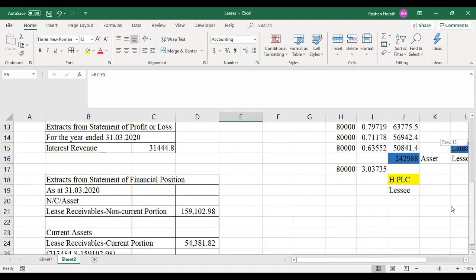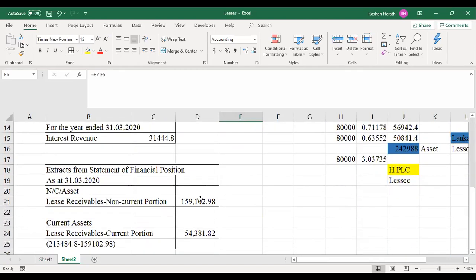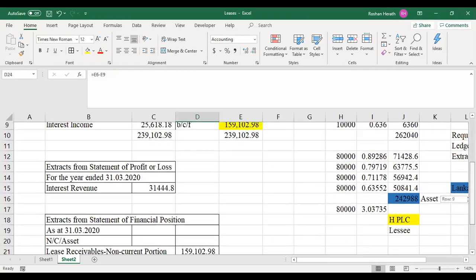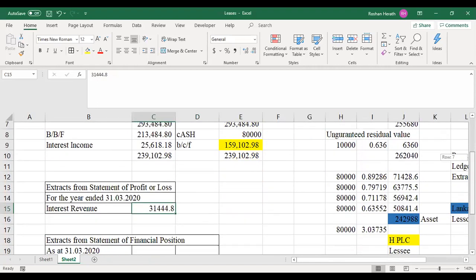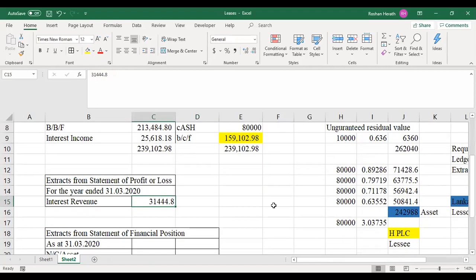Having identified, you were required to classify them as current and non-current, and that's what you did. The interest income for the first year was recognized, which is in fact your revenue. Being a finance company, the interest is your revenue, and that particular revenue was identified. That's what we did.